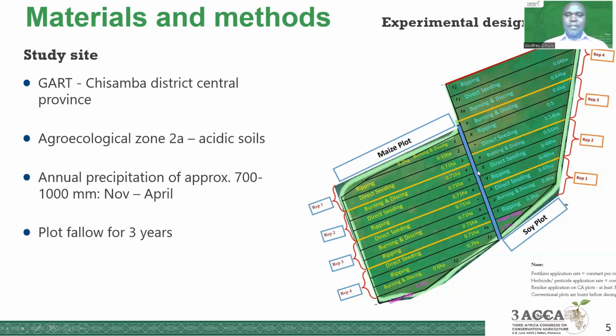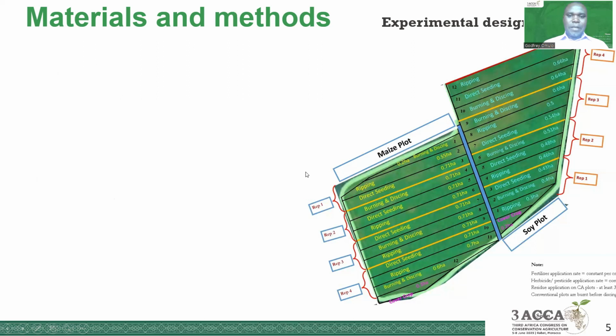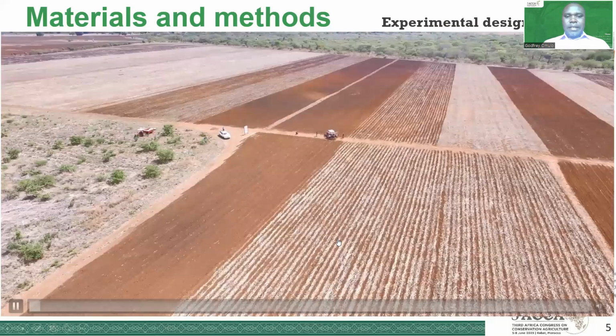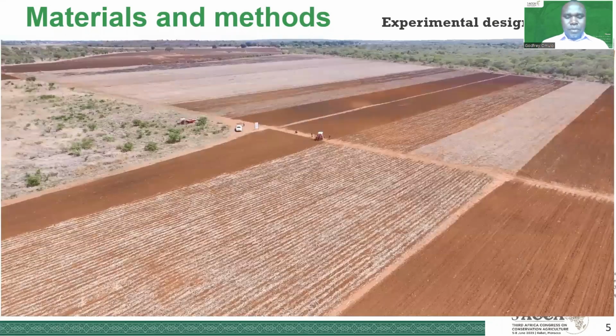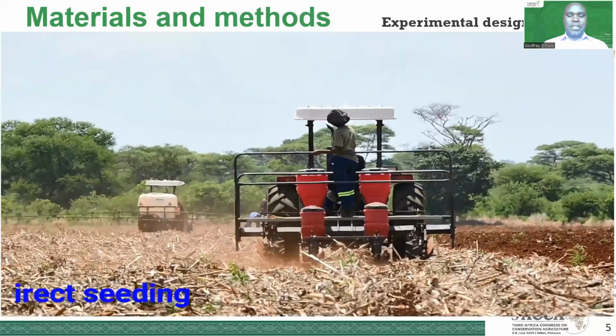So basically, we had three tillage treatments, which were replicated 4 times to yield 12 experimental units. The 3 different tillage treatments included CA treatments as well as conventional treatments.